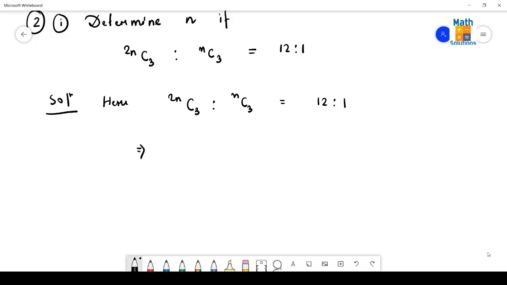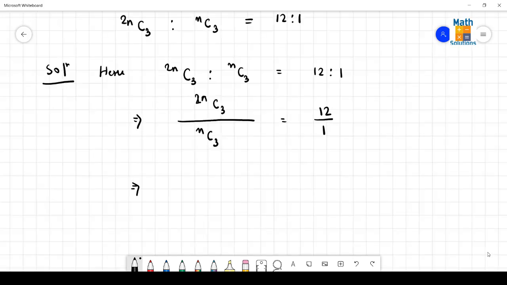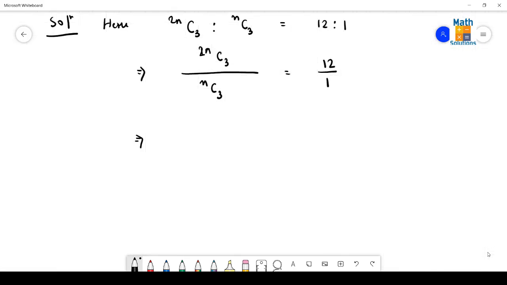So in the numerator part there will be twice nC3. In the denominator it will be nC3, 12 by 1. Then after, what do we get? In the numerator part I shall be getting factorial twice n divided by factorial 3 into factorial twice n minus 3.